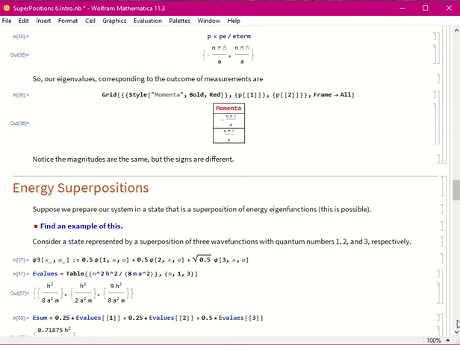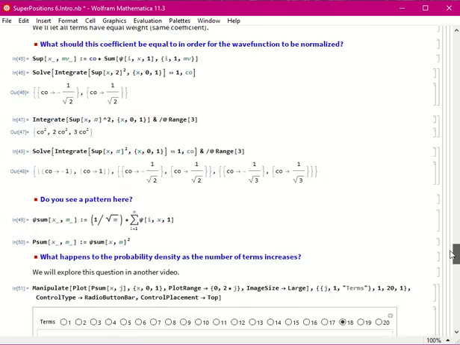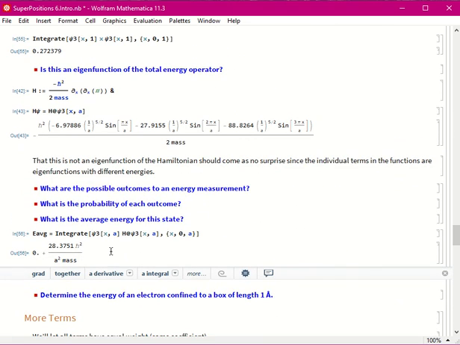So we've got those 3 possible outcomes. Outcome 1 has a 25% probability because we're squaring the coefficient. Outcome 2 is also 25%. Outcome 3 is 50%. So we have a 50% probability of measuring this, 25% of this, 25% of this. And if we take all those and average them together, we get the result that we have down here. And so we have a state which is a superposition of several energy eigenfunctions.